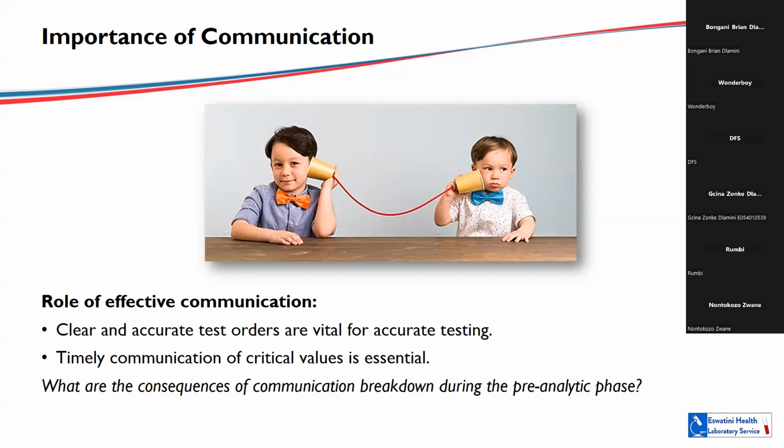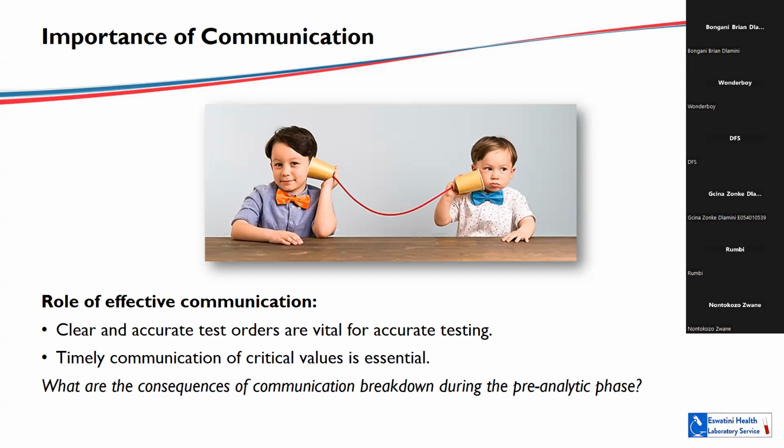Sometimes communication can be even about the results, to say the results are ready. We need to communicate to say maybe a certain ward should come to collect the result. Or if there are errors in the samples, maybe before you reject, you need to correct something. Maybe it's a minor thing that needs to be corrected. So communication is very key.